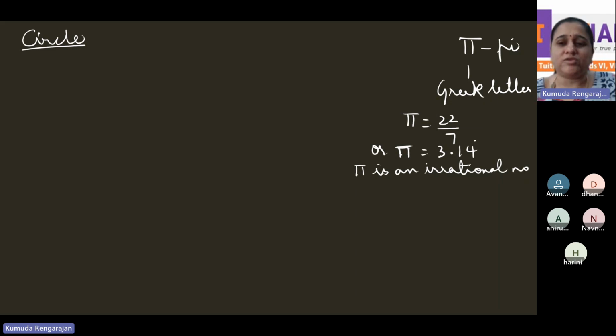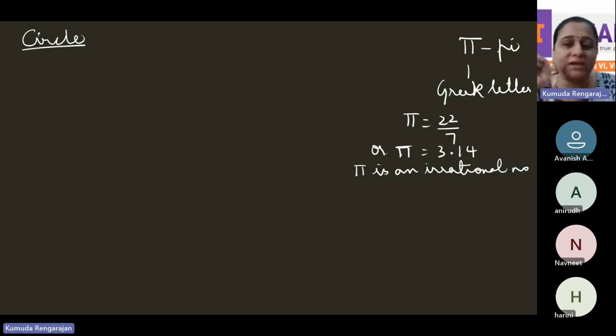Now, pi is not exactly equal to 22/7. But for the sake of calculation, when we have this letter in the formula, we need to substitute a value for it. So it's approximately taken as 22/7 or 3.14. But the value of pi is not exactly 22/7 or 3.14.